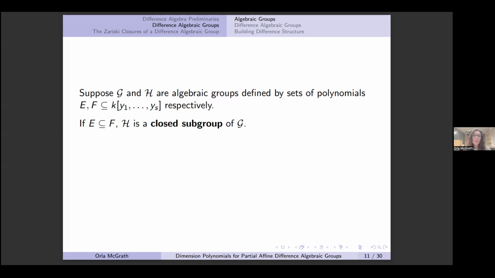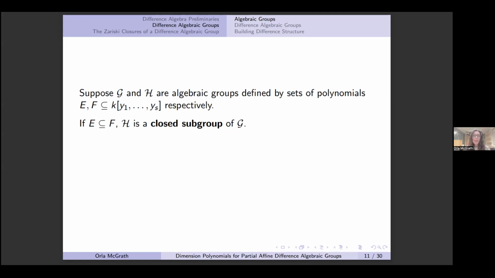So hopefully you're happy that this would mean that H is a subfunctor of G. So H is a subfunctor that's an algebraic group, and these algebraic group structures are compatible. We say that H is a closed subgroup of G.